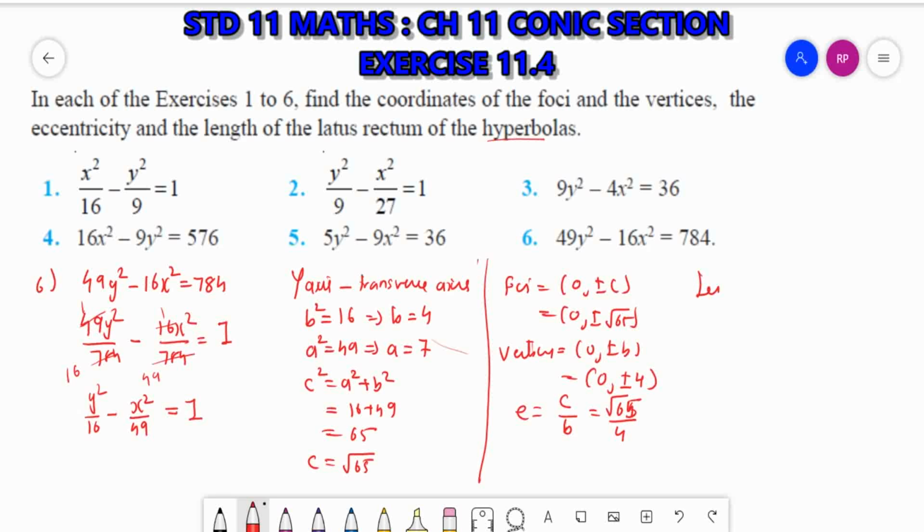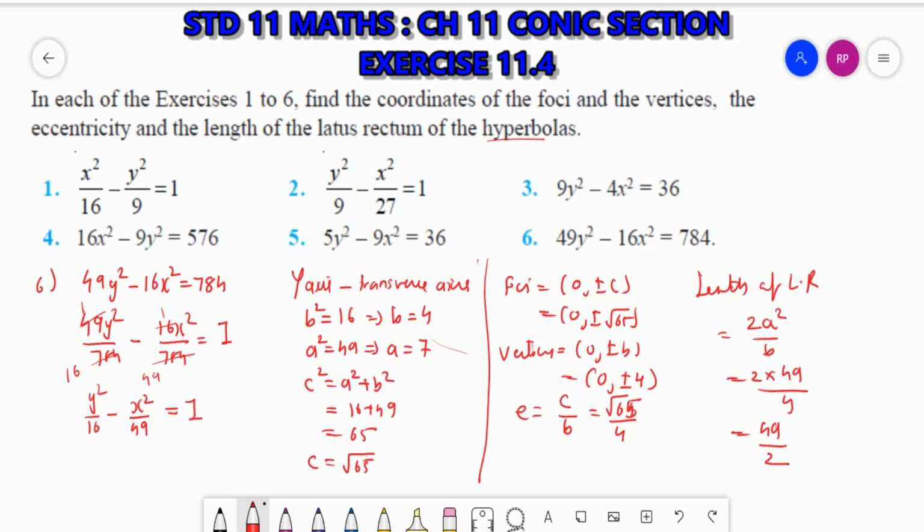And length of latus rectum, as y axis is transverse, will be 2a square by b, so 2 into a square, that is 49, upon b, that is 4, so it will be equal to 49 by 2.